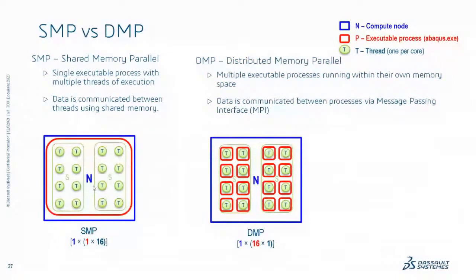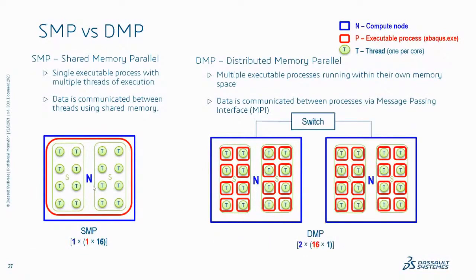The communication is through MPI, messages passed between the processes, not through shared memory. This is one potential DMP configuration, and there are others. For example, I can stack multiple compute nodes together. This is pure DMP, 16 processes per node, and then 2 nodes. So here I'm running 32-way parallel.